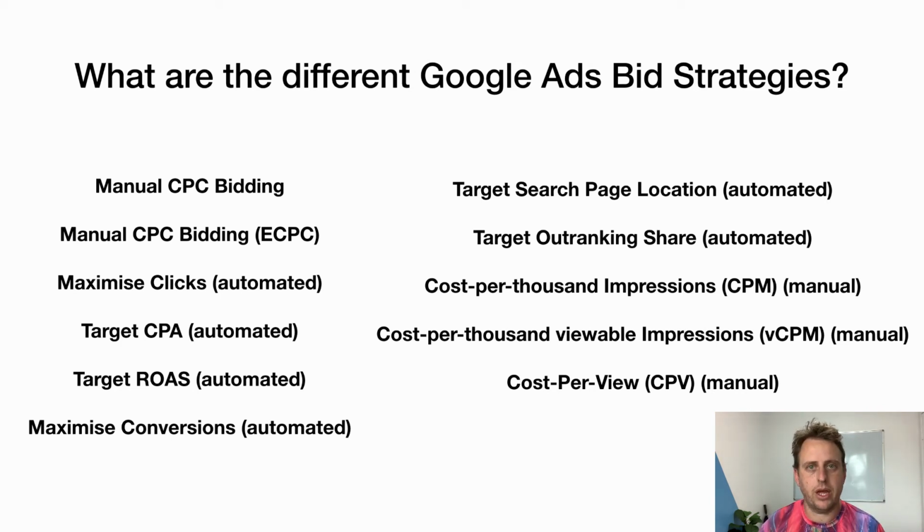Cost per 1,000 impressions and cost per 1,000 viewable impressions are ones that are generally used on the display network or YouTube, and you get charged for every 1,000 impressions you receive, or in the case of viewable impressions, it's a little bit more technical than that.